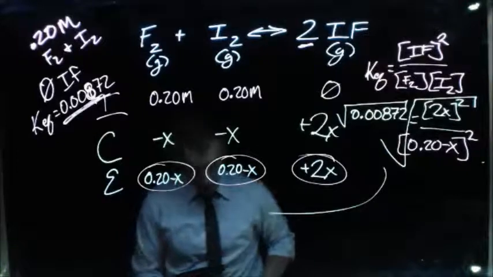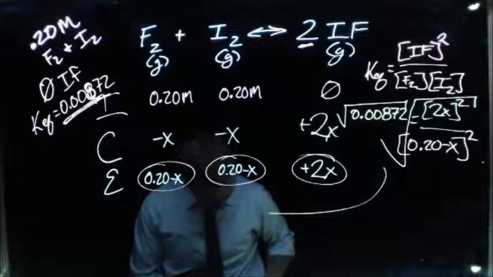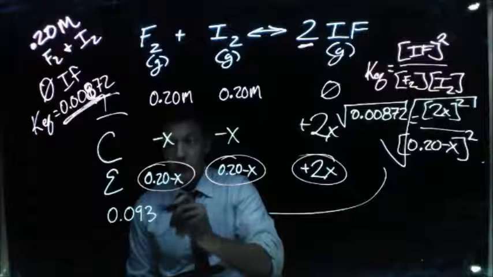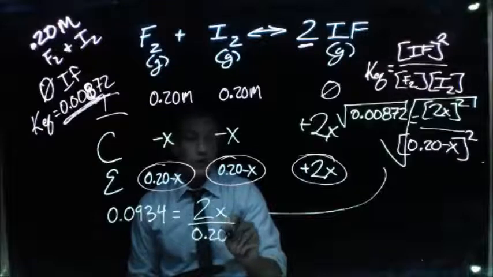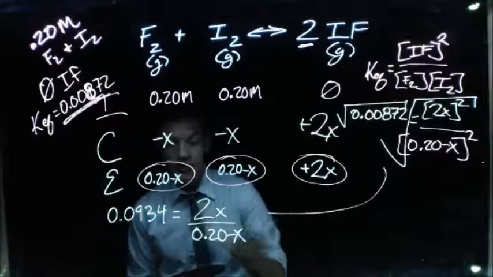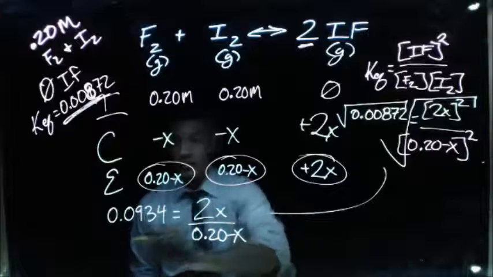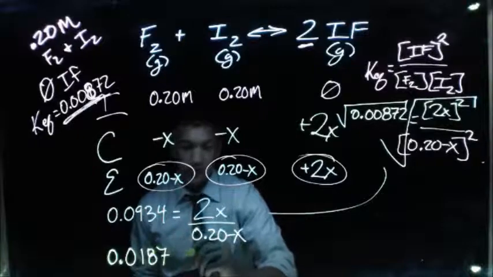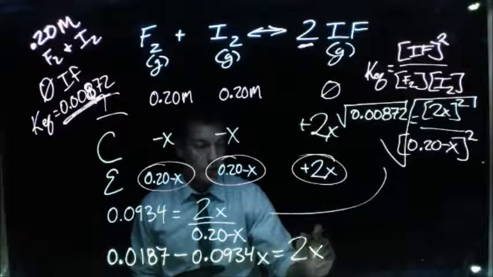So then we have the square root of 0.00872, which is 0.0934, and that is going to equal 2X over 0.20 minus X. We will multiply the 0.20 minus X over to this side, giving us 0.0187 minus 0.0934x equals 2x.